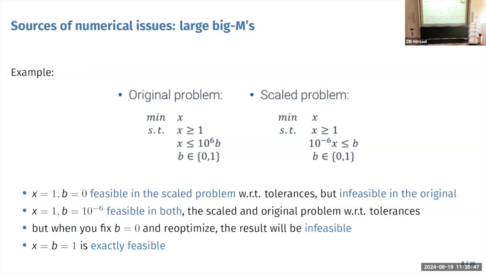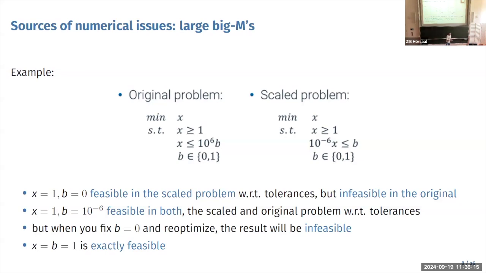So the solution x equals 1 and b is 0 is feasible in the scaled problem, but infeasible in the original problem. This is a very simple case, but it could be one of the reasons why SCIP in the log before told you the optimal solution that I computed for you has violations in the original problem. It's actually infeasible for the original problem.